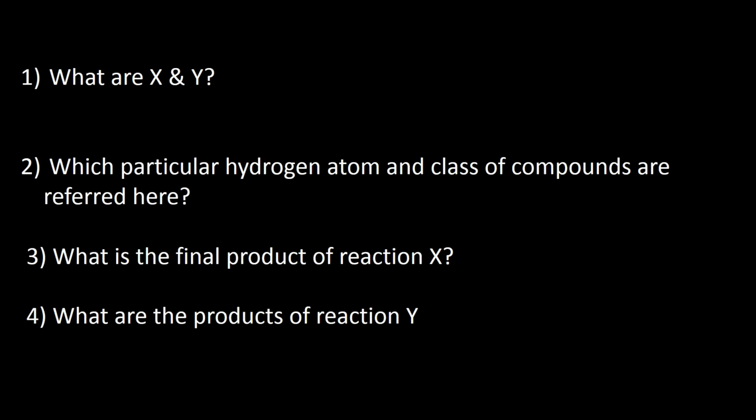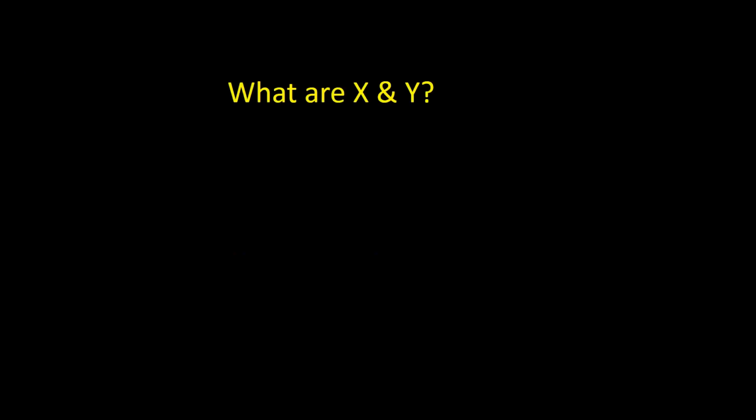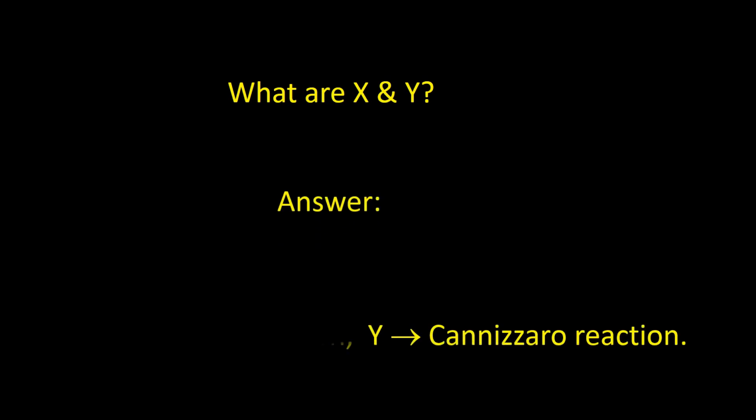And number 4, what are the products of reaction Y? Now guess the answer of the primary question. The primary question is, what are X and Y? And the answer is: X is Aldol condensation, and reaction Y is Cannizzaro reaction.